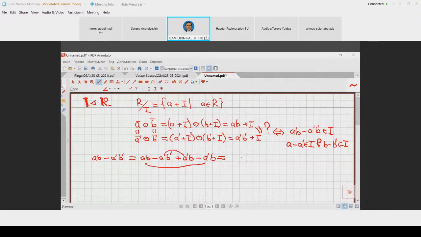So I will get a minus a prime times b, plus, factoring out a prime from the other two, a prime times b minus b prime.